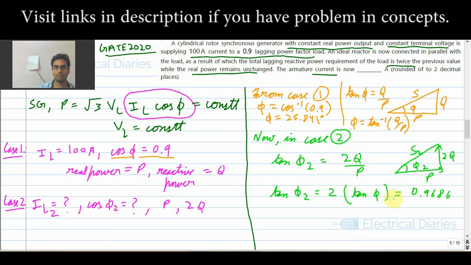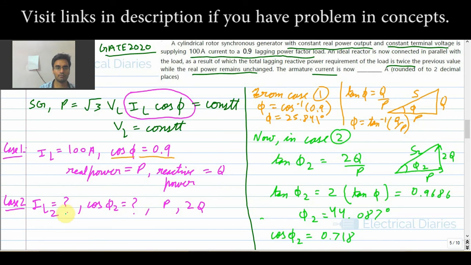So your phi 2 is 44.087 degrees. Now your cos phi 2 is 0.718. So you have found this one.